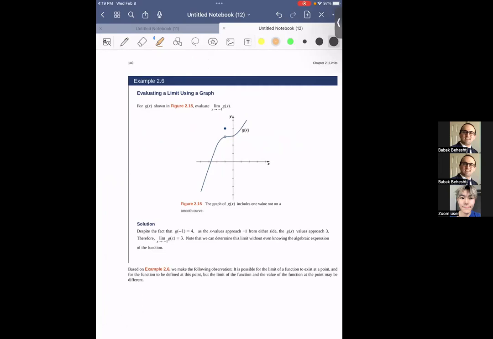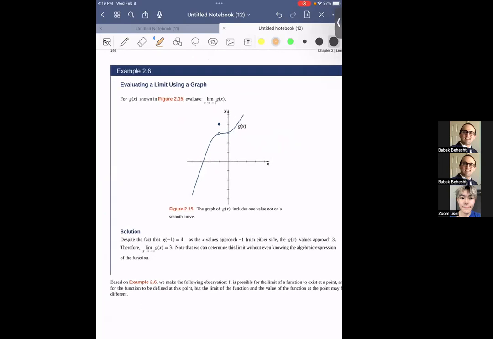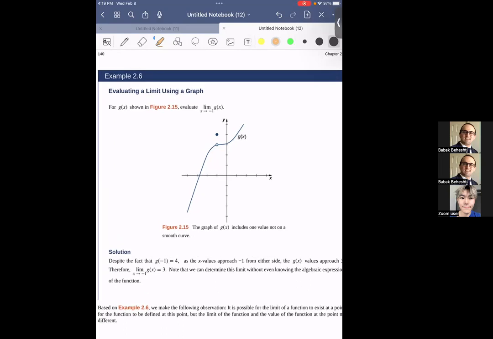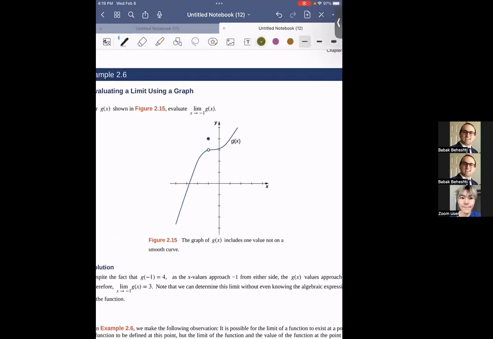So here is an important point. If you want to use the graph, you can use the graph to find the limit. For example, in this picture, what is the limit of this function g when x goes to minus 1? So when x approaches minus 1 is here. Limit of g is 3, exactly.